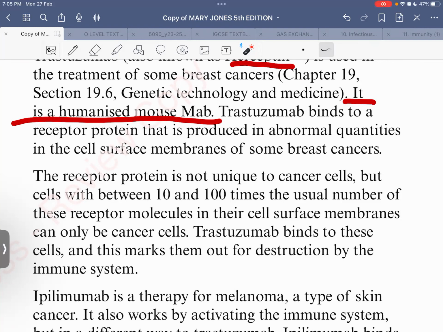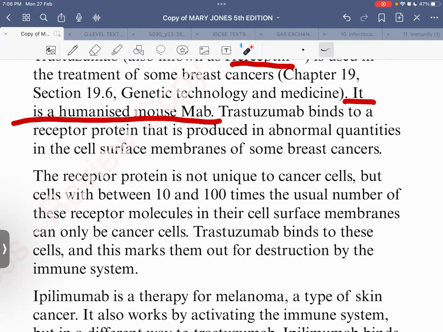Herceptin is a monoclonal antibody which binds to the receptor protein found on the surface of the abnormal cancer cells in women suffering from breast cancer. ये हमारे पास भी प्रोटीन्स होती हैं, लेकिन अगर ये प्रोटीन्स क्वांटिटी में, if they are more than the usual quantity, it shows the pathologist or the physician that this is not how a normal cell behaves, it is a cancerous cell.